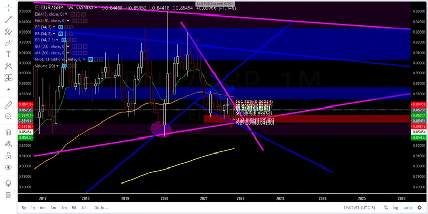Down 33%, up 67%. Just something to think about. Not saying I'm following what these people are doing. Euro GBP. 8% of traders are actually trading. Oh, that's interesting.